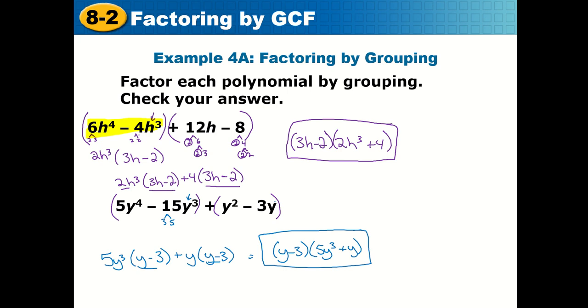Hopefully now that we have done example 1, which example 2 built on, and then example 3 built on that, hopefully it's all starting to make more sense. I wanted to get you super comfortable with factoring and greatest common factors, which was 8-1, and then we again looked at that at the beginning of 8-2, sorry.